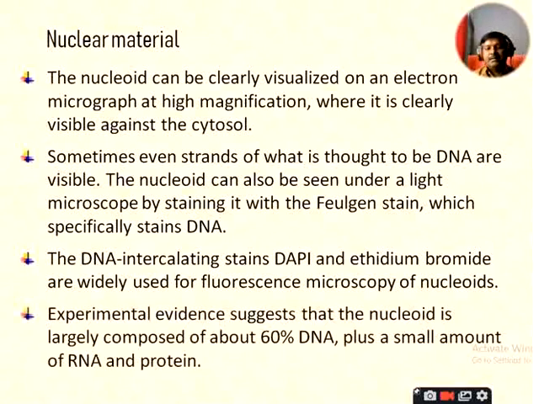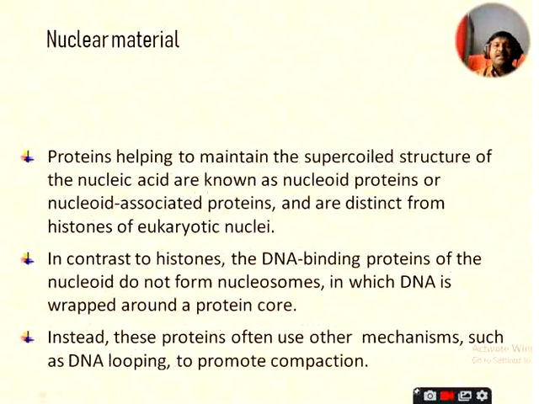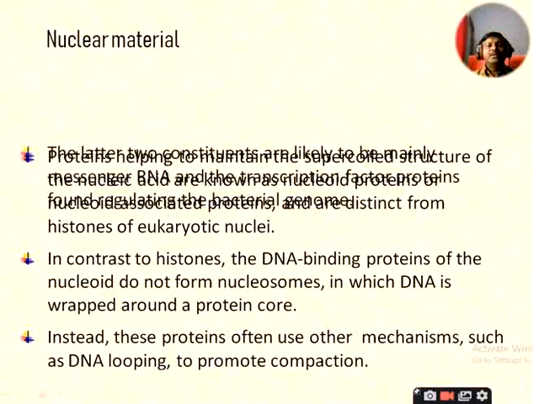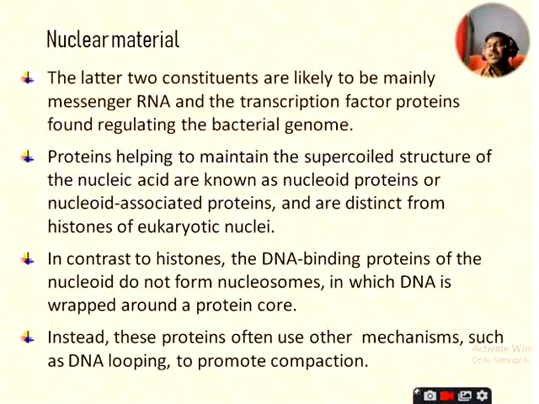Experimental evidence suggests that the nucleoid is largely composed of about 60% DNA plus a small amount of RNA and protein. That means these are the composition of the nucleoid which is present in the bacterial cell. The latter two constituents are likely to be mainly messenger RNA.